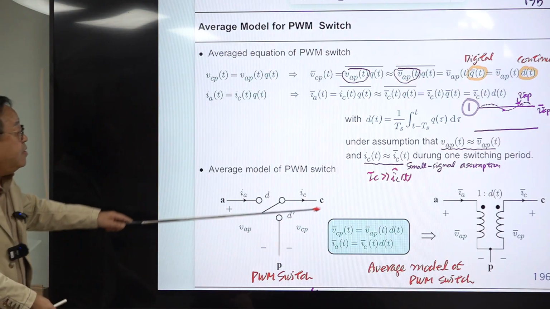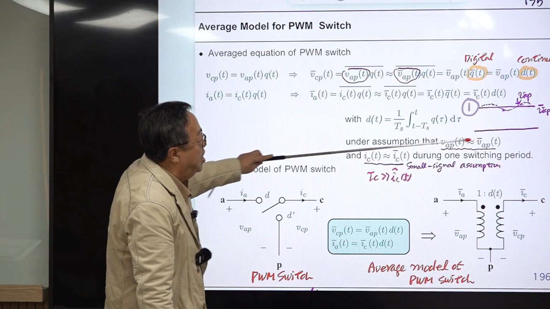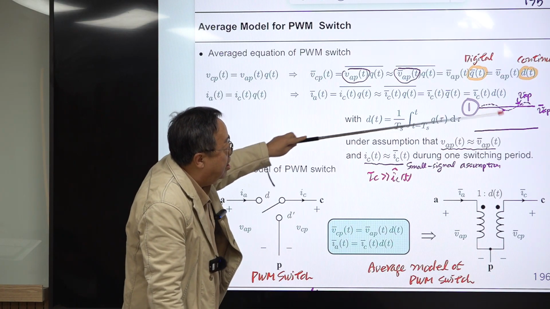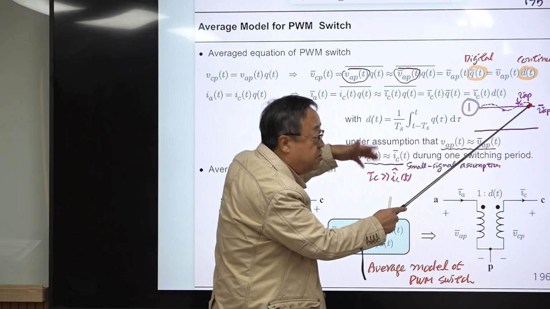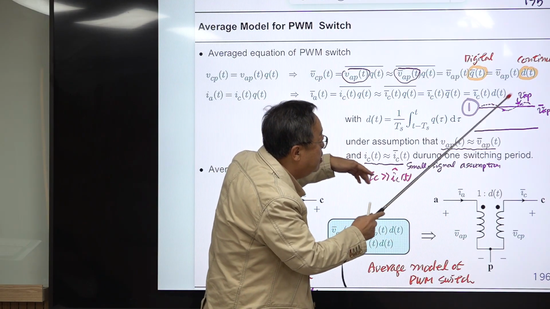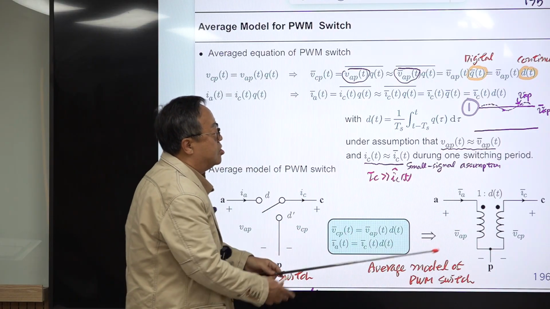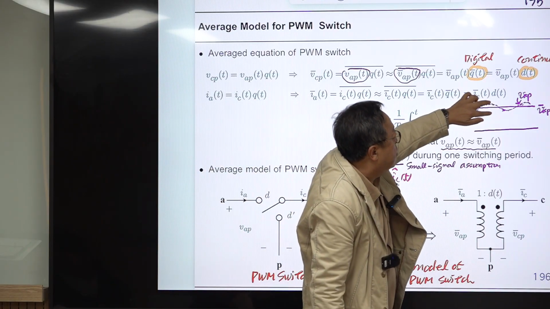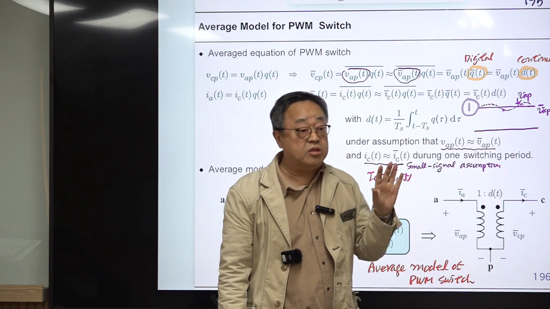With the small signal assumption, this is 0, and this dotted line is the actual instantaneous curve of v_f, and this is the average value of it. The small signal assumption means the deviation of this from the average value is sufficiently small.